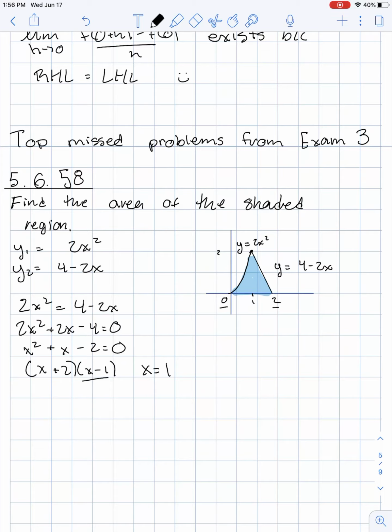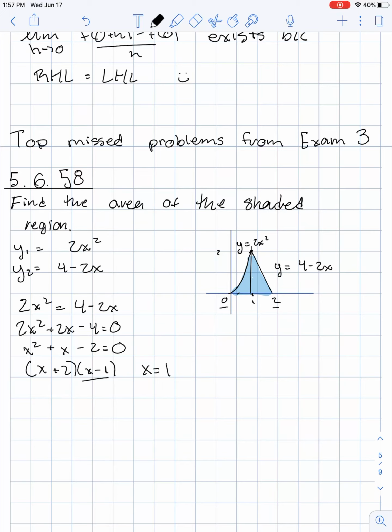So if I'm trying to find the area between two curves, there's two ways to do this problem. I can solve for x in these problems and do it from the y-axis. I don't really suggest doing that because I think it's easier to do it using x's. I'm going to split this into two areas. The area between 2x squared and the axis from 0 to 1, and the area between 4 minus 2x and the axis between 1 and 2.